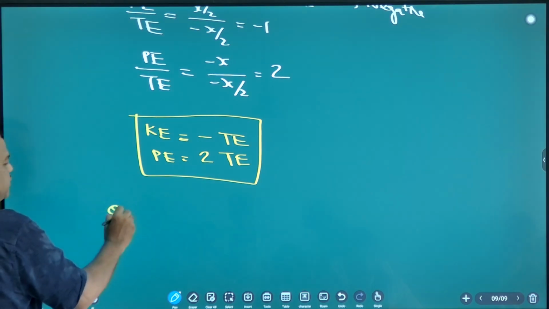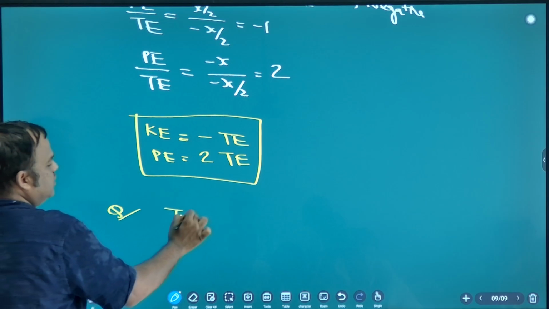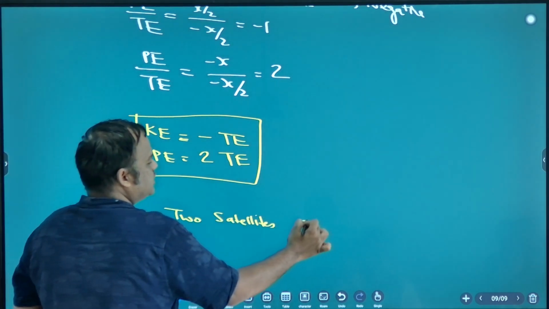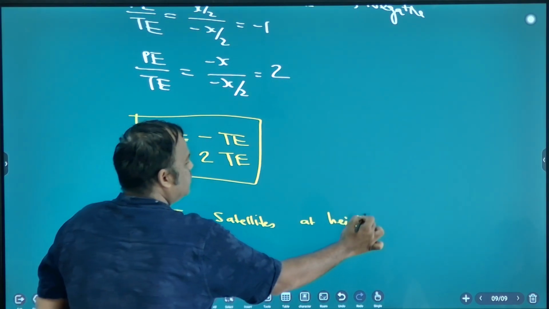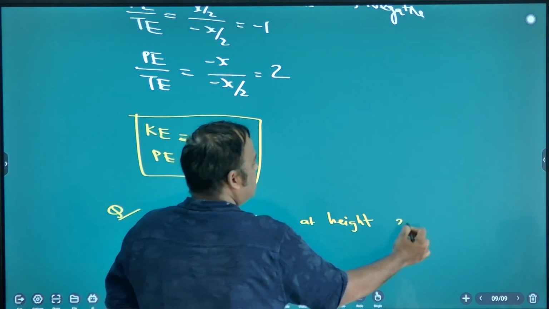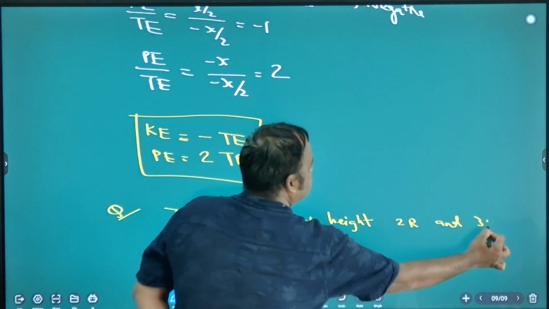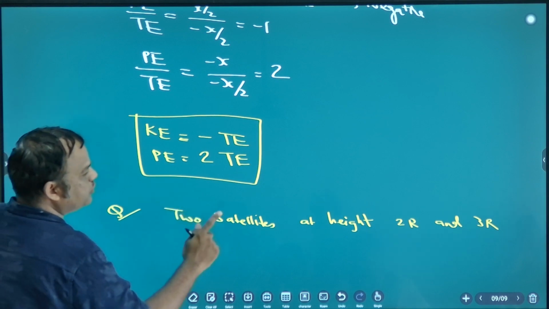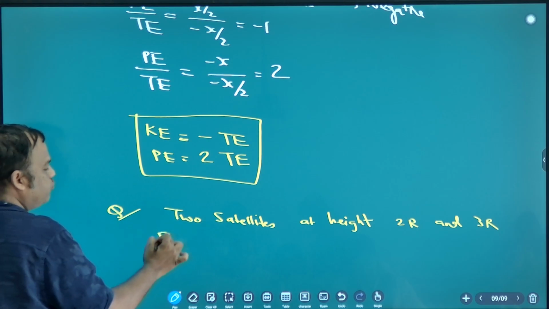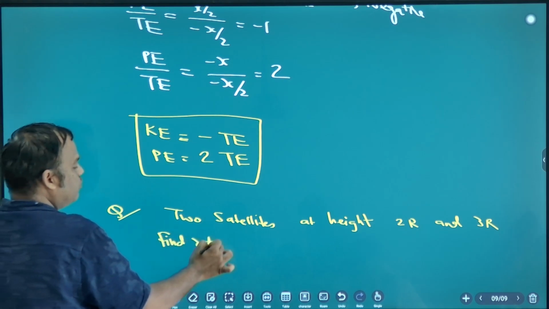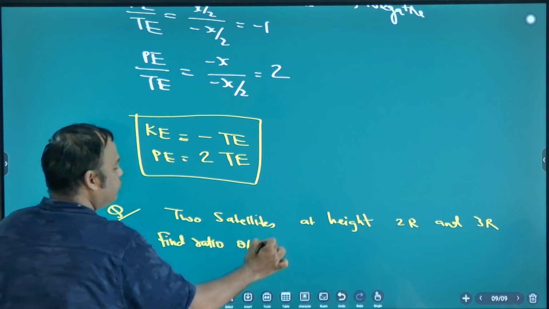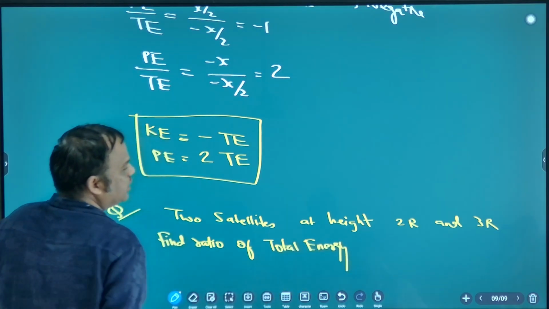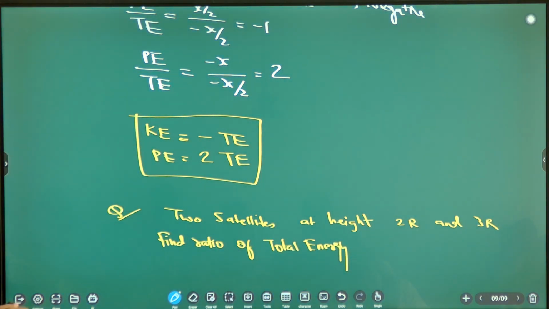So, one ratio type of question you solve. Two satellites at height 2r and 3r. Find ratio of total energy. Height is given.